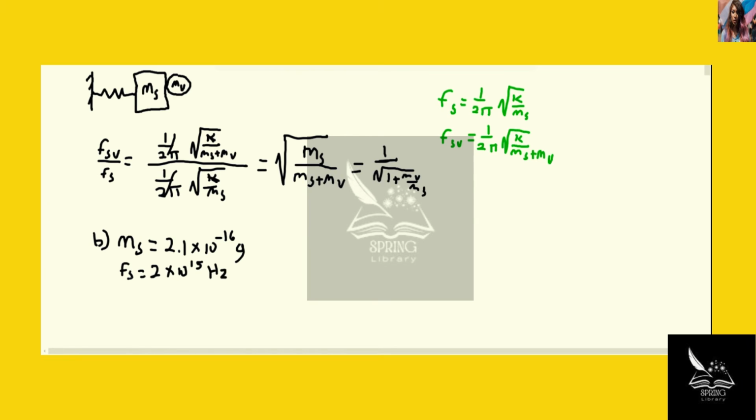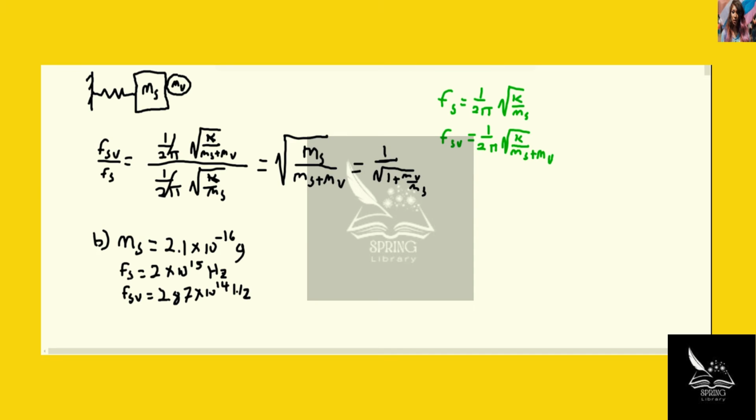And then once you add on the virus, it's going to be equal to 2.87 times 10 to the 14th hertz.